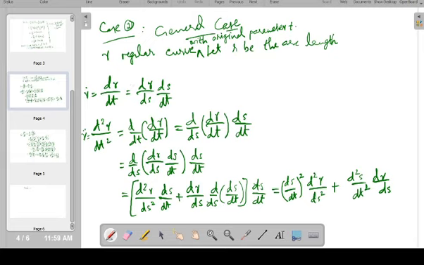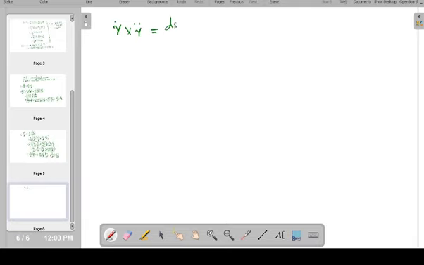Gamma dot is d gamma by ds into ds by dt, or the other way around. This is scalar, this is vector. Usually we write scalar times vector, but for chain rule, saying it this way is more convenient. So ds by dt into d gamma by ds cross gamma double dot.